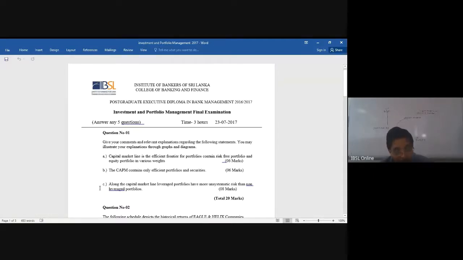Now, if you go to part C, the statement is: along the capital market line, leverage portfolios have more unsystematic risk than non-leverage portfolios. First of all, you need to understand what you mean by leverage portfolio and what you mean by non-leverage portfolio.